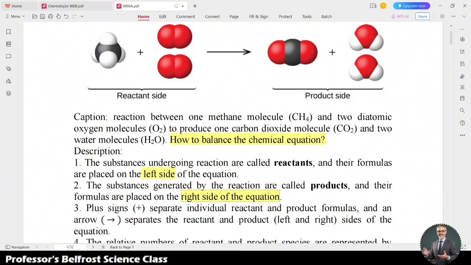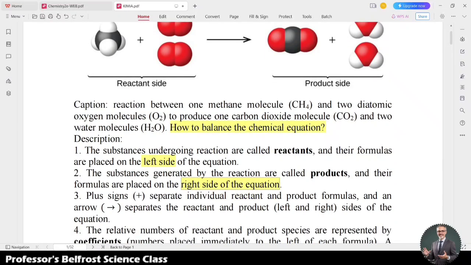And the plus sign is used to separate individual reactant and product formulas, and then an arrow, which is here. In chemistry we have two kinds of arrow, and later we will see the forward and back arrow, which will show different types of chemical reaction, right? Okay, so the forward arrow shown here separates the reactant and the product.